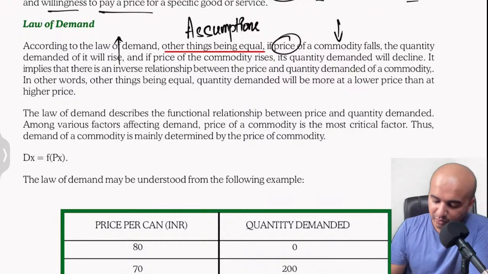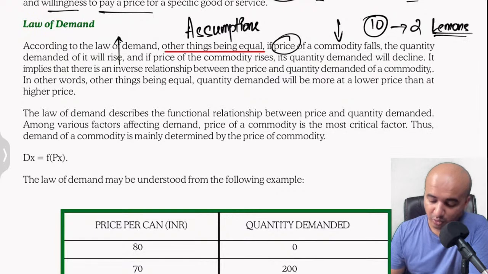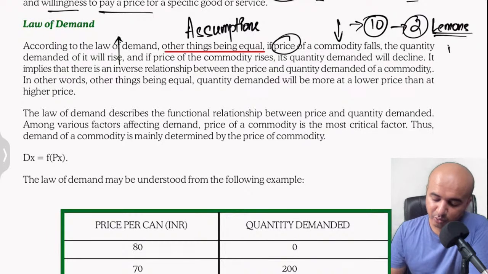For example, I have only 10 rupees in my pocket and I visit a vegetable store thinking that I will get 2 lemons for this price. So right now the quantity demanded in my mind is 2 lemons, and the money I have is 10 rupees. As soon as I inquire about the lemons, the shopkeeper tells me you can only get 1.